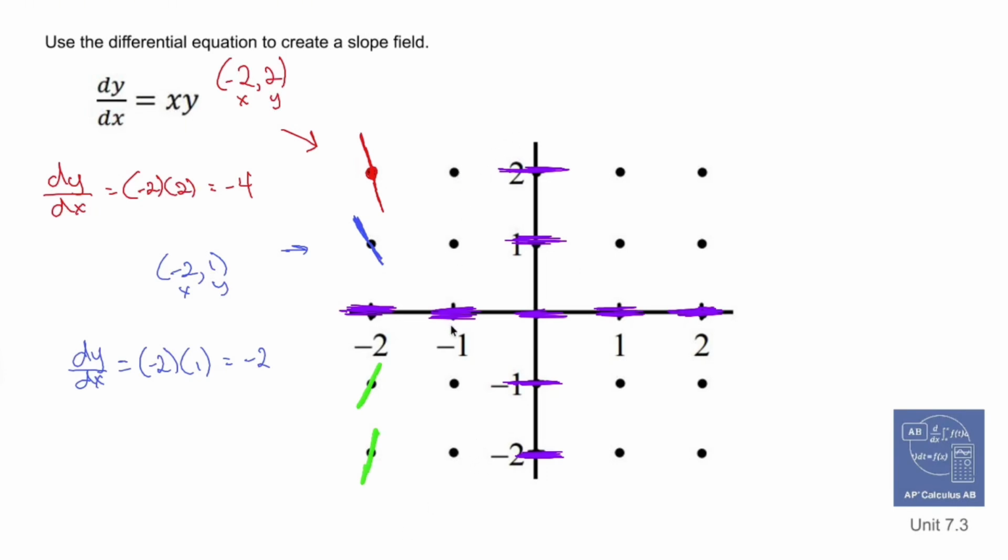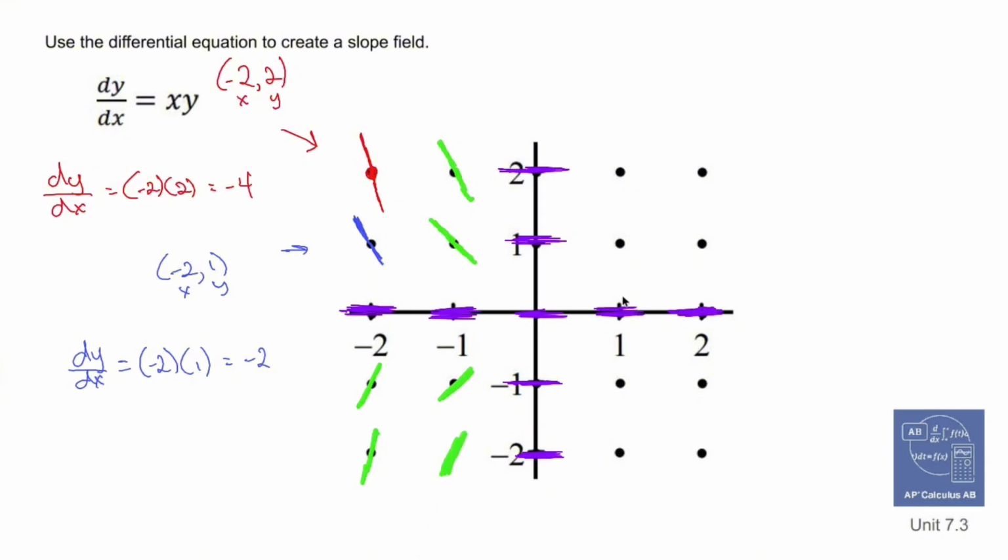Let's come up here. -1 times 2 is going to be the same as that one, -2, so a pretty steep slope. -1 times 1 is -1, so as diagonal as can be. -1 times -1 is +1, so as diagonal as can be. -1 times -2 is going to be +2, so something along that line.